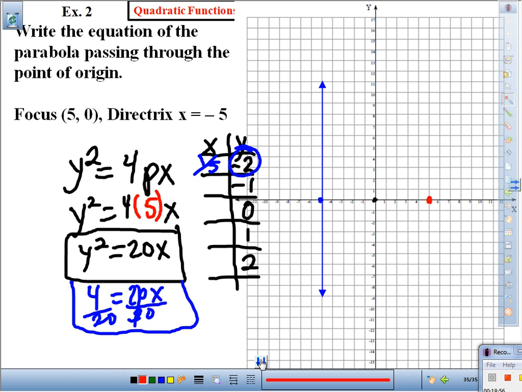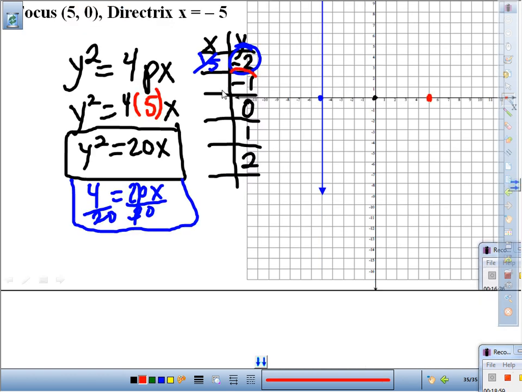Next value, -1. What is -1 squared? 1 equals 20x, divided by 20. So this is 1/20. And this one would be what? (0, 0). Let me graph that just so you can see what it looks like. We got -2 of y, and 1/5 x is about right there.